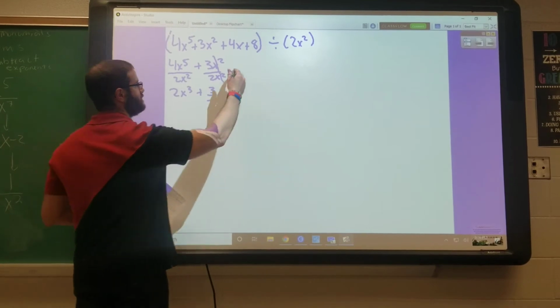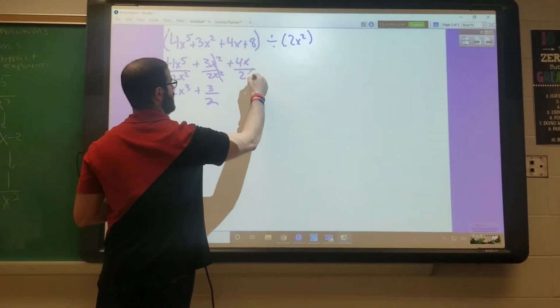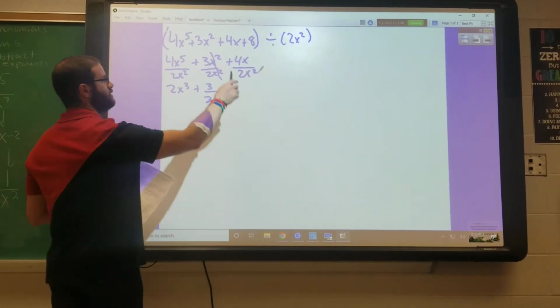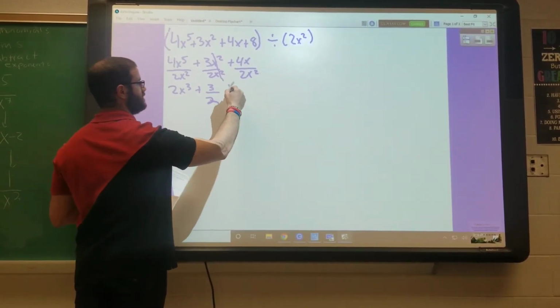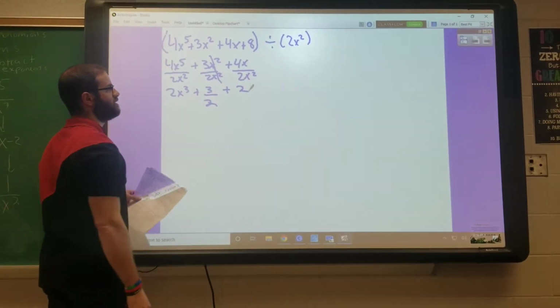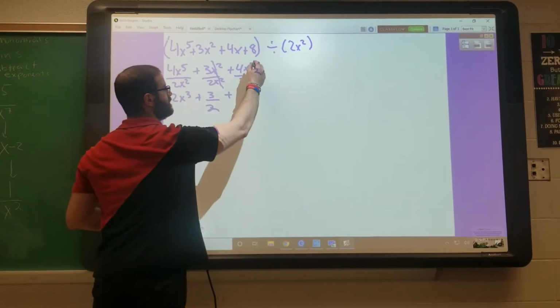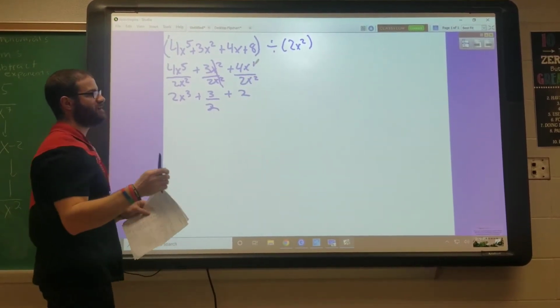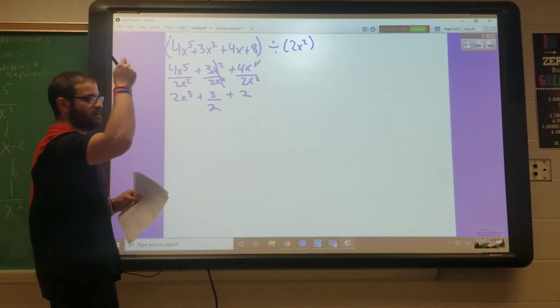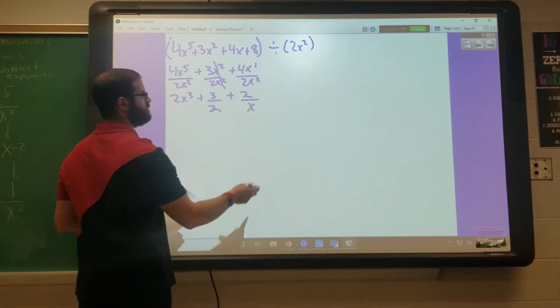Next one, plus 4x over 2x squared. Again, 4 over 2 gives us 2. Okay. X over x squared. So x to the 1st minus x to the 2nd is x to the negative 1. Remember, that translates to 1 over x. So the x would go to the bottom.